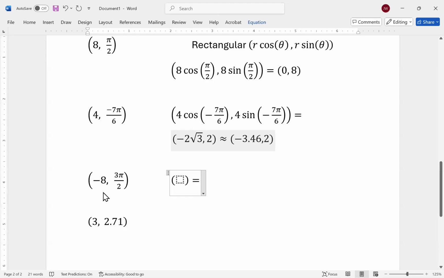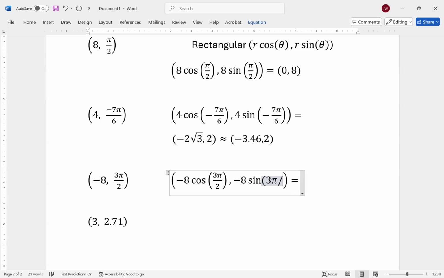Let's look at the next point, negative 8 comma 3 pi over 2 in polar. We take negative 8 times the cosine of 3 pi over 2. That would give me my x coordinate, and then negative 8 times the sine of 3 pi over 2. That would give me the y coordinate.